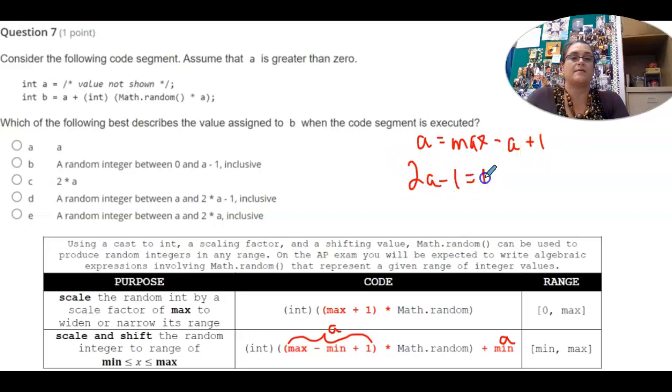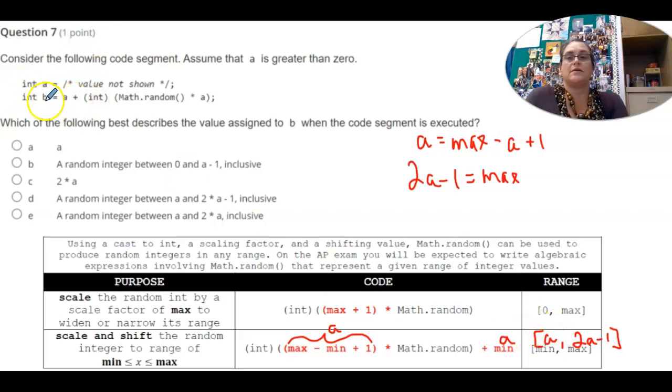So the maximum value of this random integer generator is going to be 2A minus 1, inclusive. And the minimum value in the range, the lower bound, is A, and that is also inclusive.